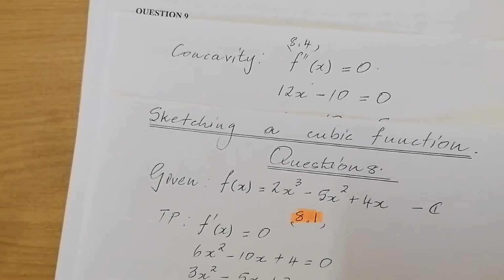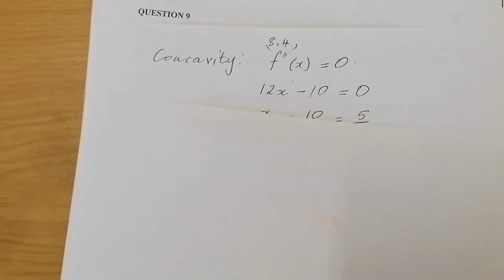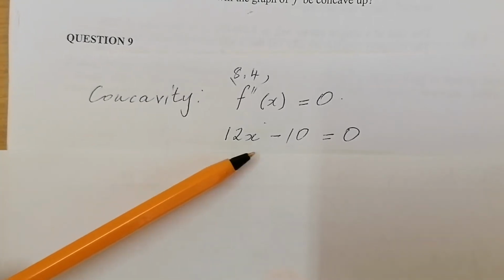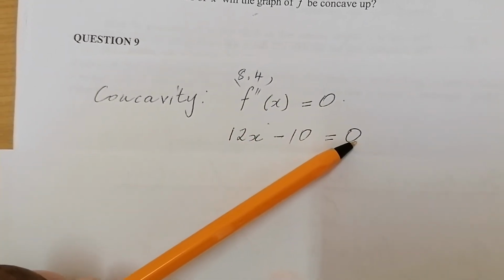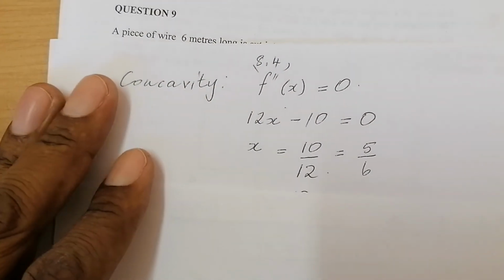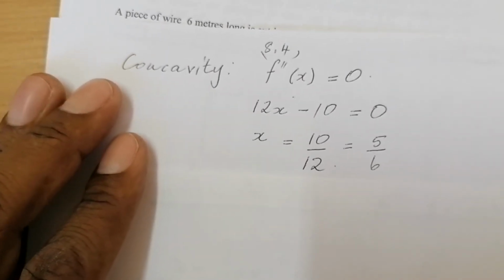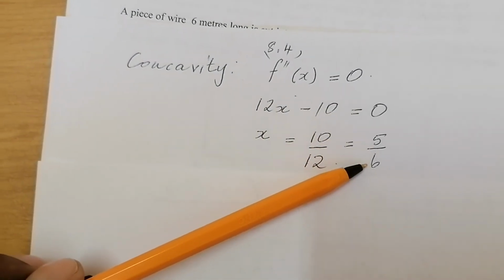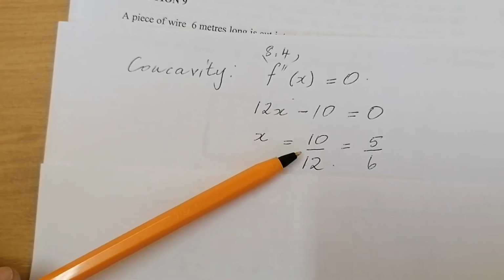Meaning the second derivative of f is 12x minus 10. And remember, it must be equal to 0. I solve for x. x is equal to 10 divided by 12, which is the same as 5 divided by 6 when we simplify that.